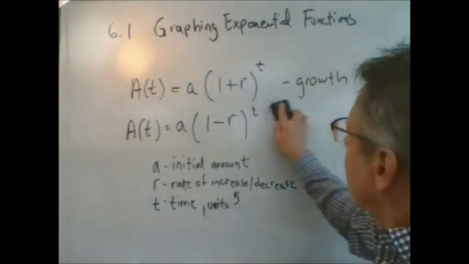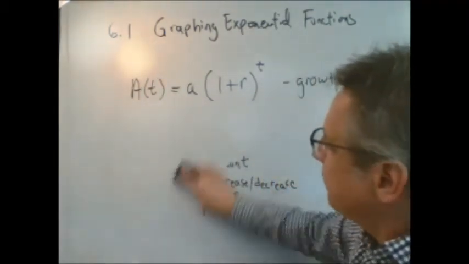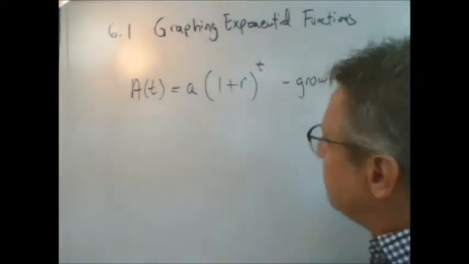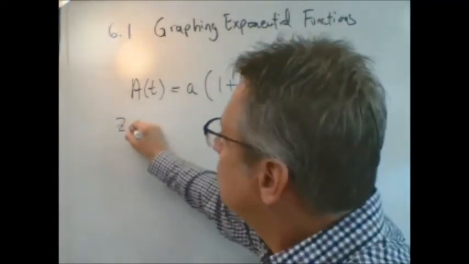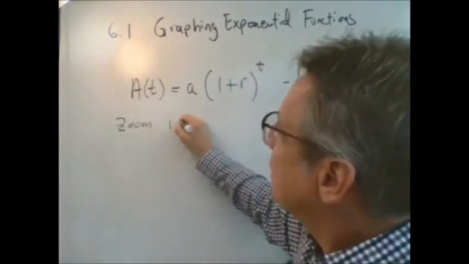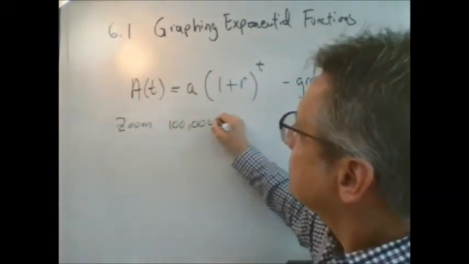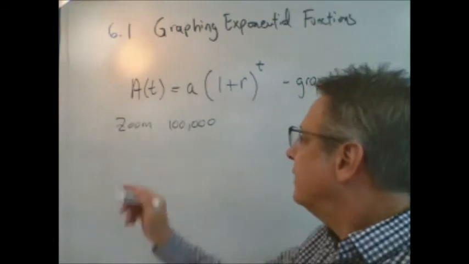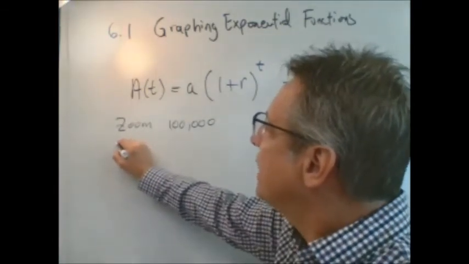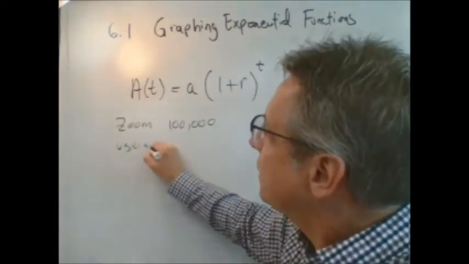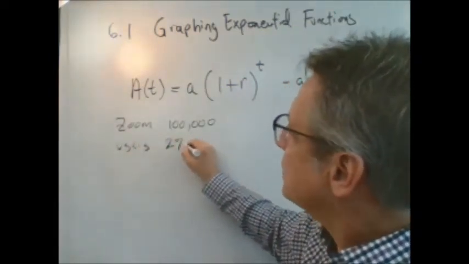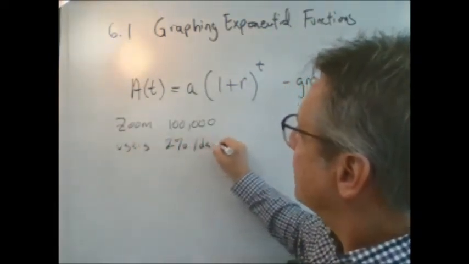So let's say that Zoom is very popular right now. So let's say that Zoom currently has 100,000 users. And let's say that in the month of April, the users increase by 2% per day.